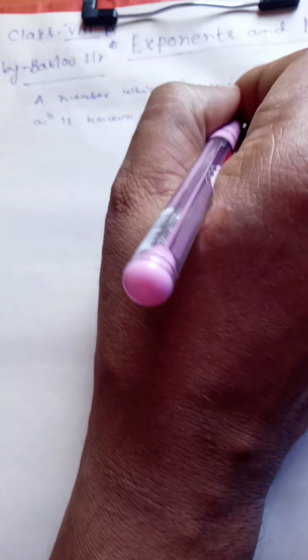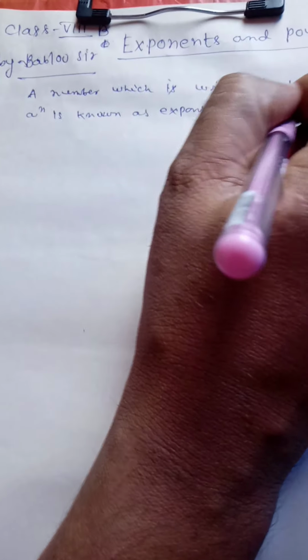A number which is written in the form of a raised to power n is known as the exponential form of a number.